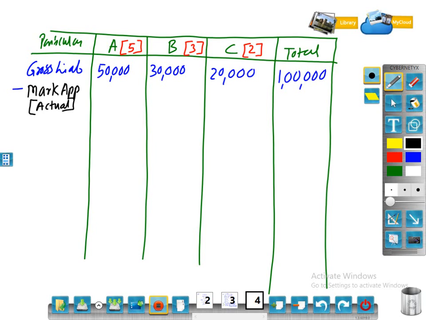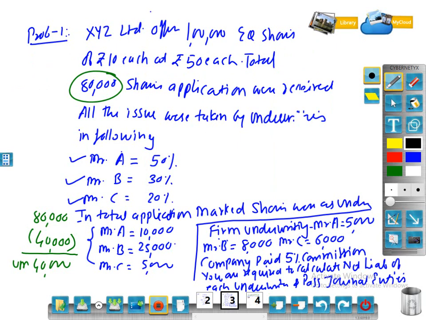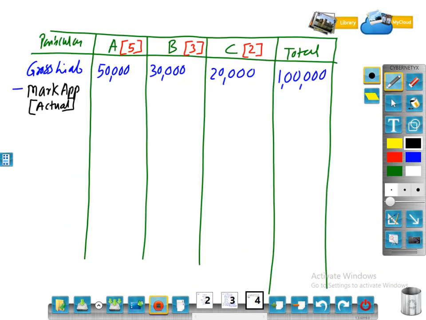There is no ratio for the marked application. So what are the marked applications? Marked application is given as 10,000, 25,000 and 5,000. So here deduct 10,000, 25,000 and 5,000.